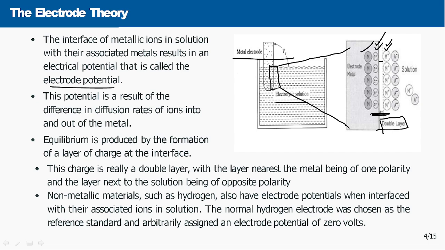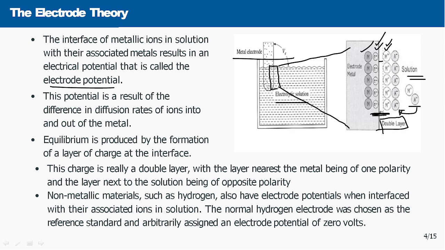Inside the electrolytic solution, we know that negative ions are also there. They are attracted towards this double layer for the combination process. This means the positive cation and the negative anion start combining at this interface.